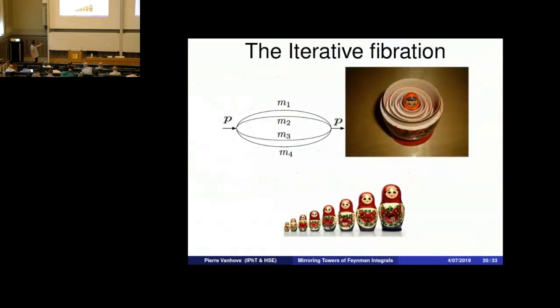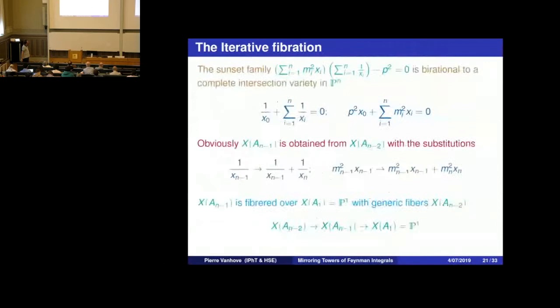So if I look at this graph here, I can see that it's a big one loop with another loop in it, okay? So in a sense, if I go to any loop order, I see that there is naturally a natural inclusion, that you just see by drawing the graph. So if I draw a horizontal line, it's like the matryoshka, where you have the one loop, the two loop, and then etc. So there's this nice iterative structure.